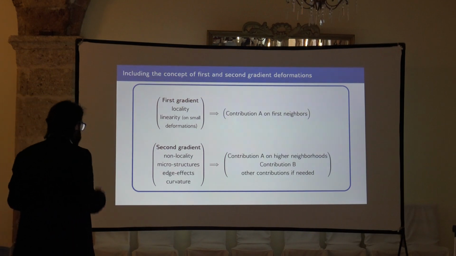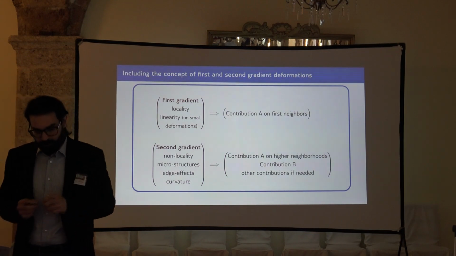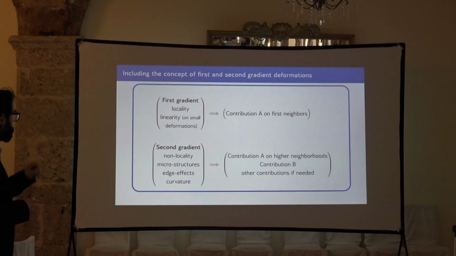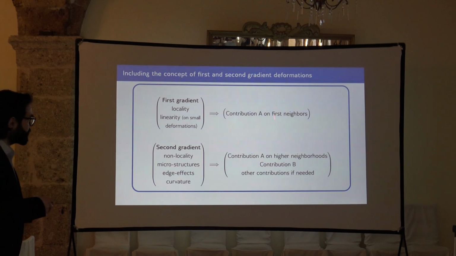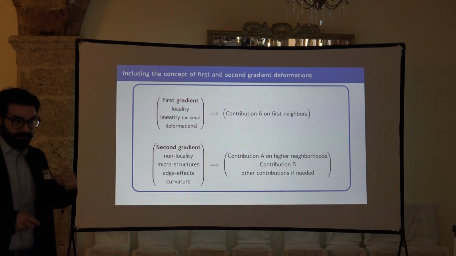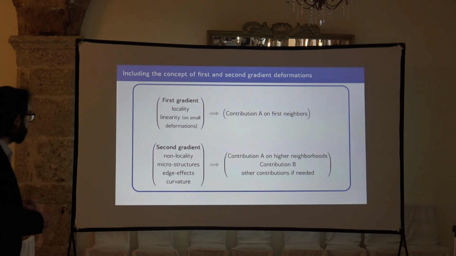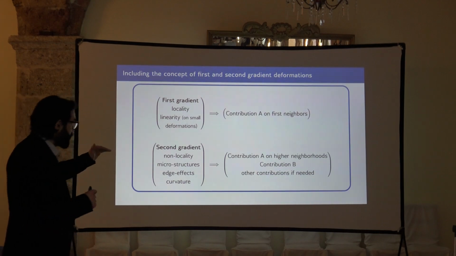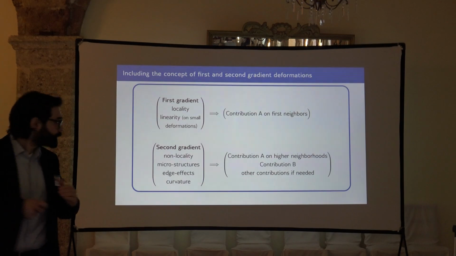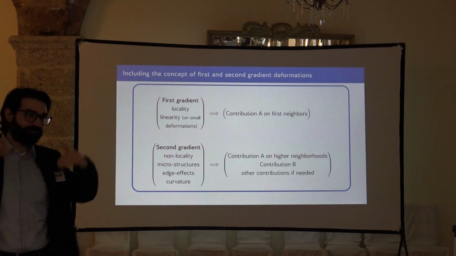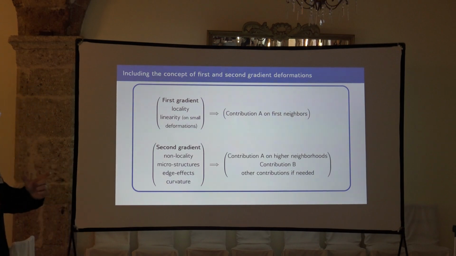We can say that the first gradient is related to locality and linearity, at least for smaller deformations, and so it can be related to the contribution A, which was linear with the distance compared with the reference distance. Instead, the second gradient can be related to non-locality, because of structures, edge effects, curvature. And so we thought that the interaction on higher order neighborhoods, the neighbors that are far away, can induce some non-local effect.